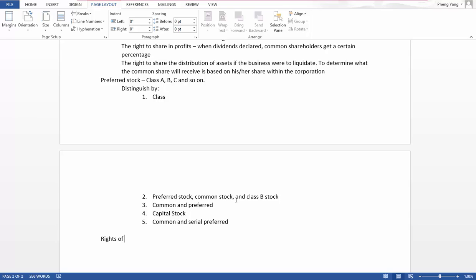And I'm going to talk about rights of preferred stockholders. Preferred stockholders usually have the right to a preference based on the amount of dividends paid or declared.